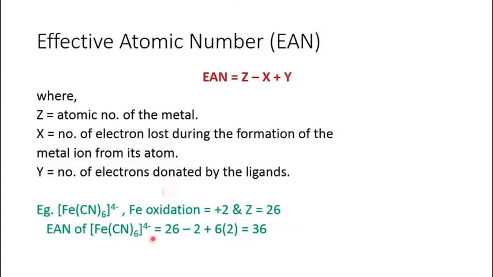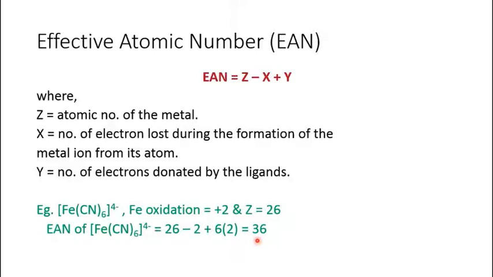EAN is equal to Z, which is 26, minus 2, which is the oxidation state, plus 6, the number of ligands present, into 2 because each ligand is donating 2 electrons. So the total number of electrons donated by 6 cyanide ligands is 12. So when you substitute and calculate, you will get 36 as the number.